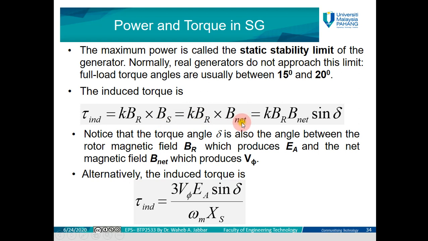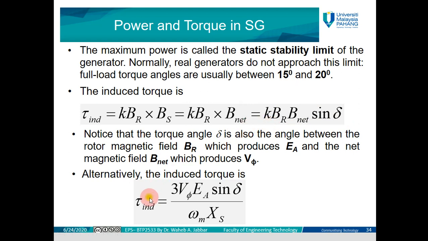The net magnetic flux is responsible for generating the phase voltage of the synchronous generator, and the rotor magnetic flux is responsible for generating the internal voltage, or the armature voltage, of the synchronous generator. So the value of the induced torque will be k B_R times B_net times sine delta. This represents the magnitude of the induced torque.